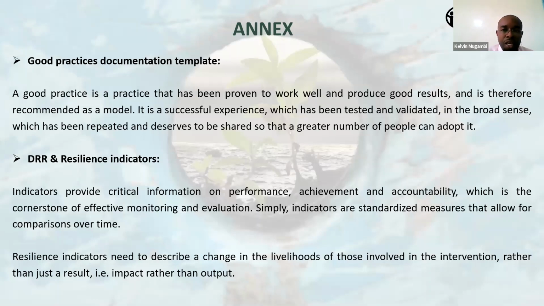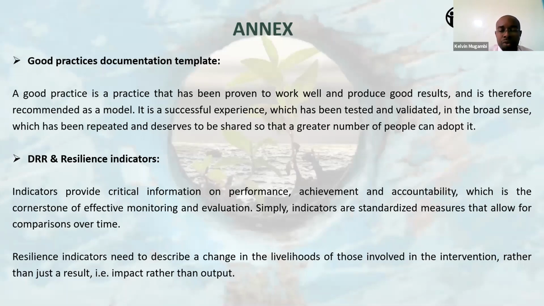So here we give a template for our country offices to adopt while documenting these good practices, because as we all are aware, MEAL also entails the learning component.